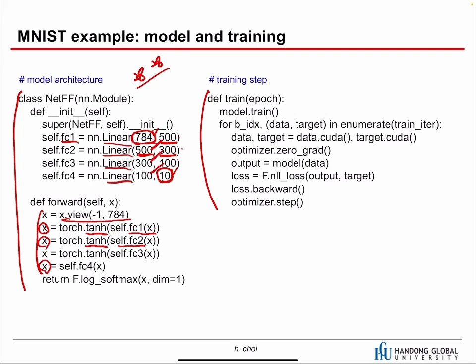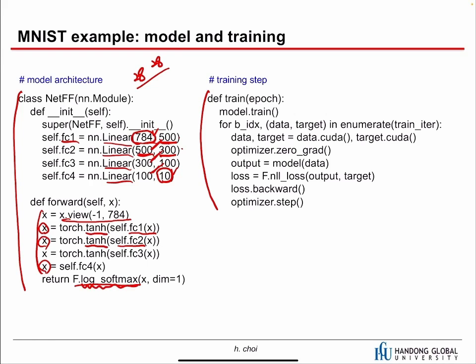Finally, we get X, and then we apply the log softmax. Actually, we have to apply the softmax, but in the negative log likelihood we have to apply the log function anyway. So instead of applying softmax and log separately, there is a log softmax function.